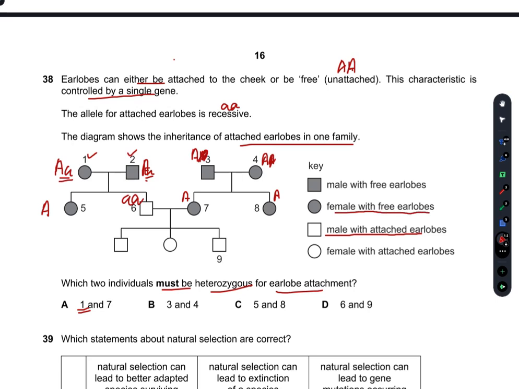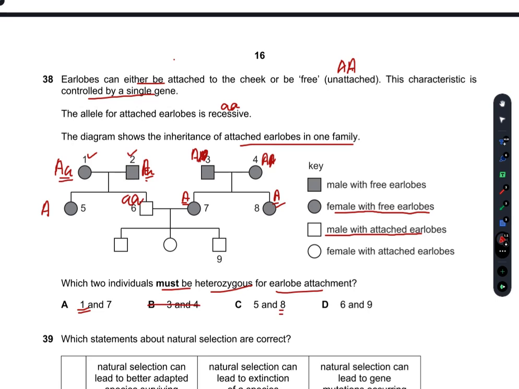So they will definitely have a capital gene, a gene for the unattached. So 7 and 8 would be heterozygote. Now 3 and 4 are not necessarily heterozygote; among 3 and 4, one is heterozygote, I guess.